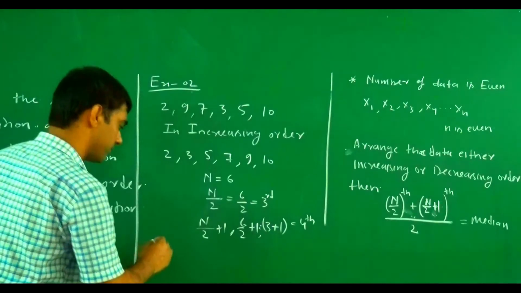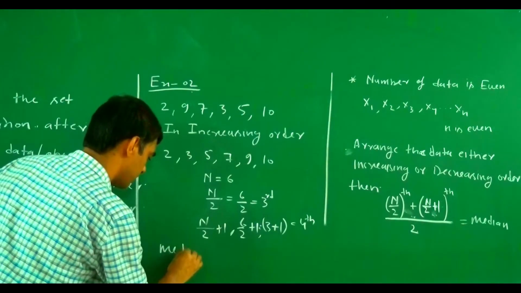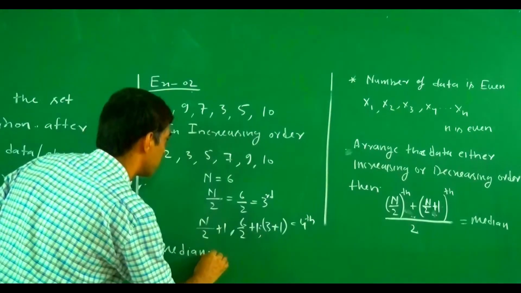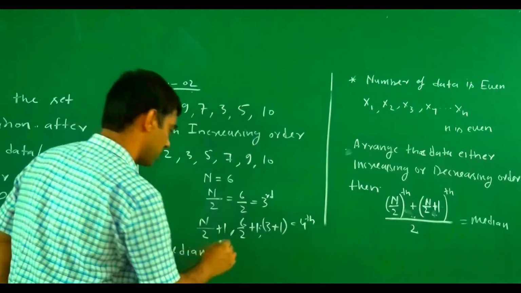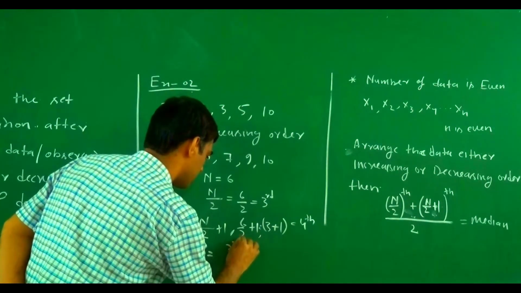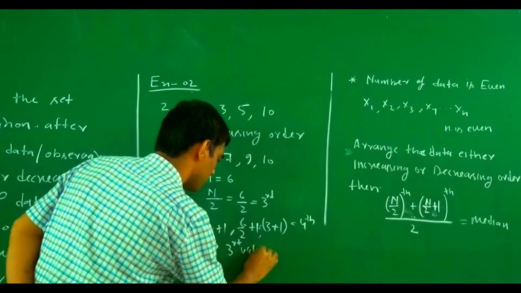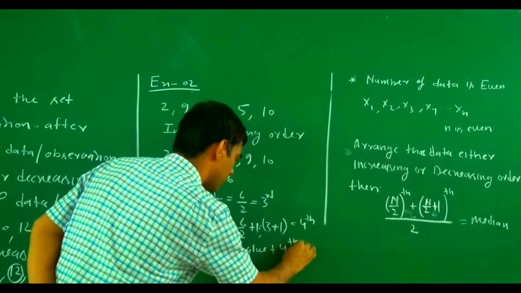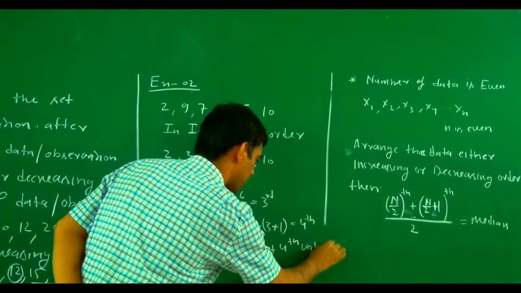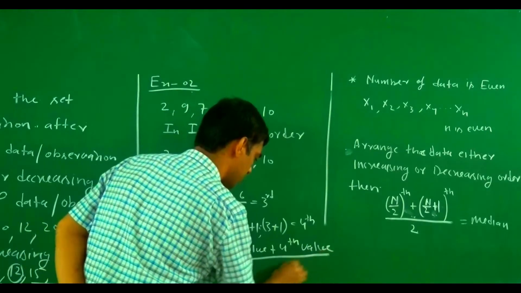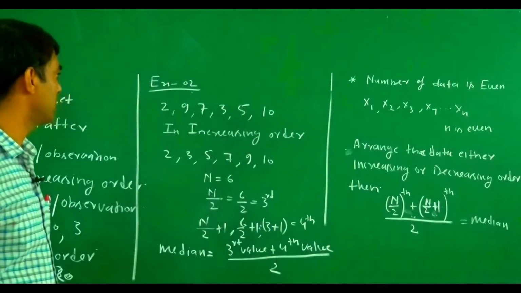So what is the median? The median becomes the third value plus the fourth value, divided by 2.